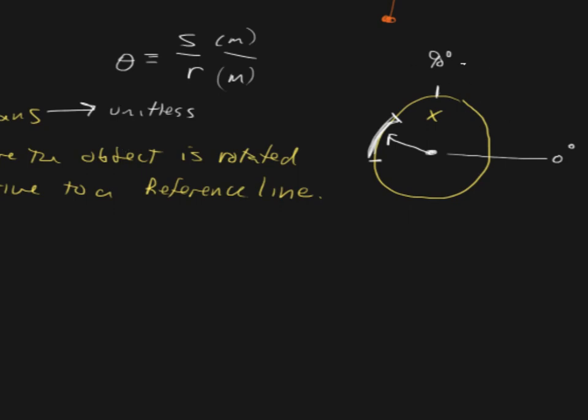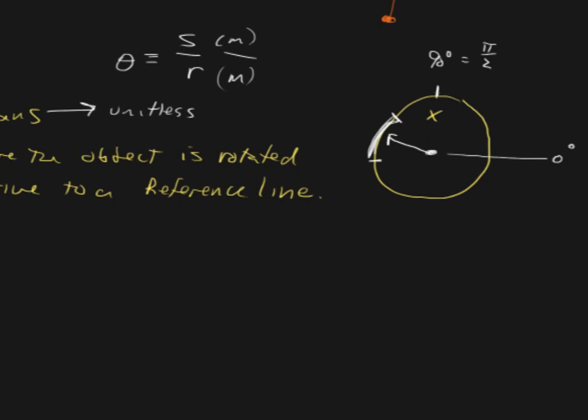So you already know that 90 degrees is basically pi over 2 radians because a complete circle has 2 pi radians. The arc length would be the circumference, and the radius is just r, so 2 pi r divided by r becomes 2 pi. So we have 2 pi radians in a complete circle. Well, the angular position of our point x right here is just pi over 2.